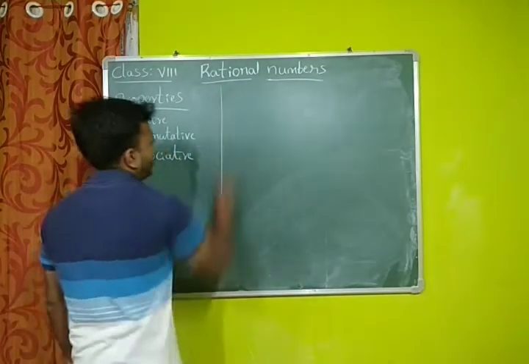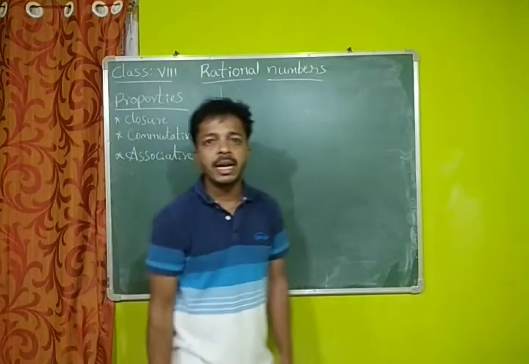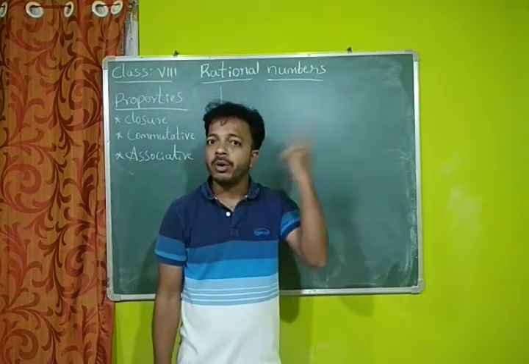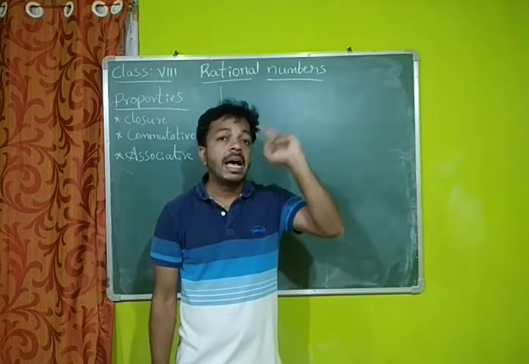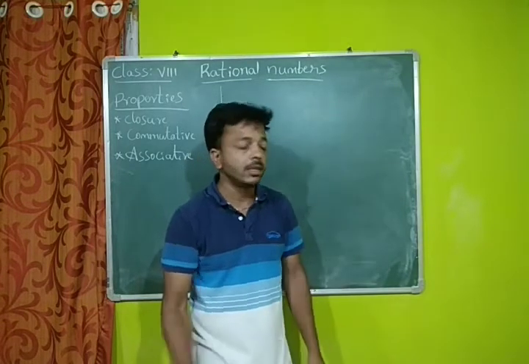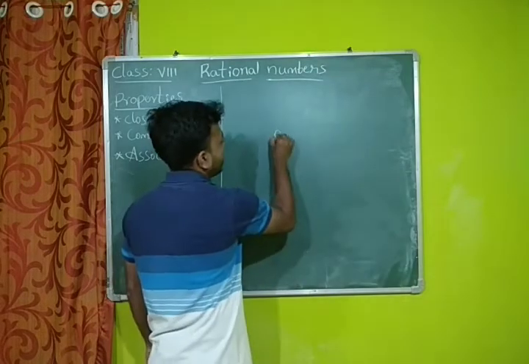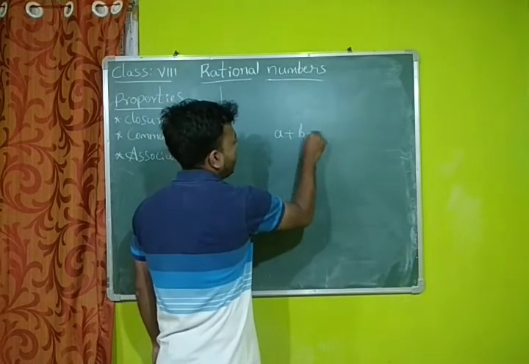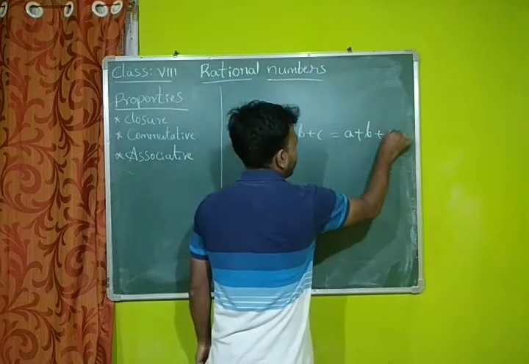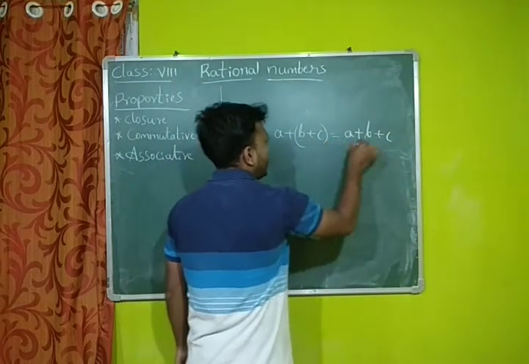Associative property means we need three numbers. Just recall what we learned in the whole numbers and natural numbers chapters. The associative property means (a + b) + c = a + (b + c). The bracket will come here.